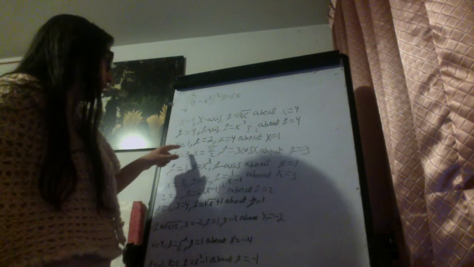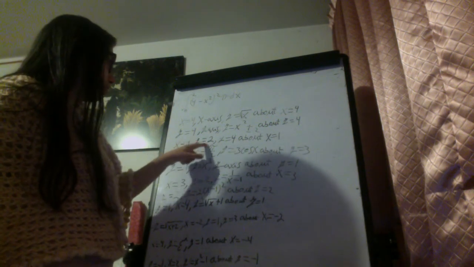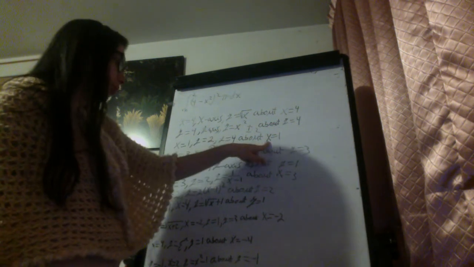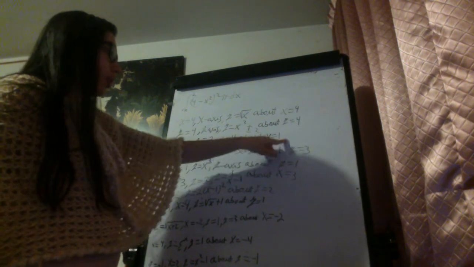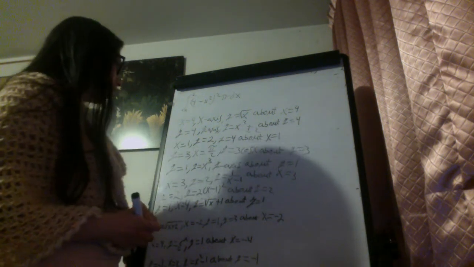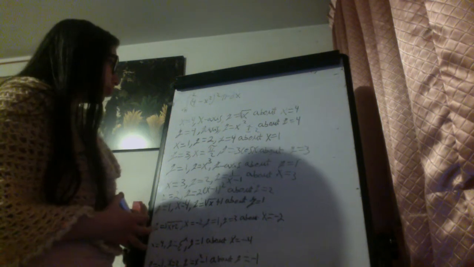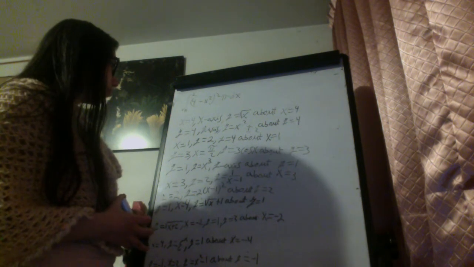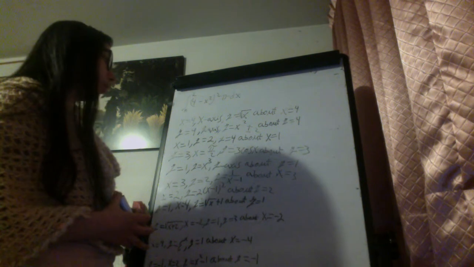The next one, the region between x equals 1, y equals 2, y equals 4, about x equals 1. Alright, so this is x equals 1, so we have everything in terms of y. We don't have any function here.